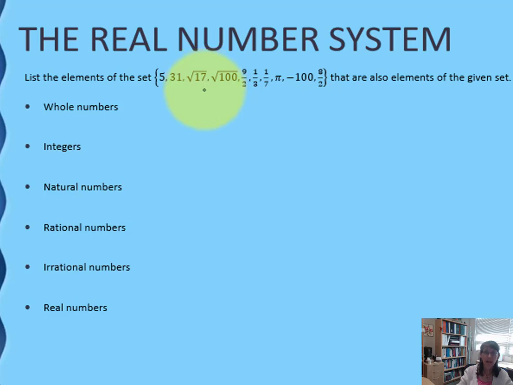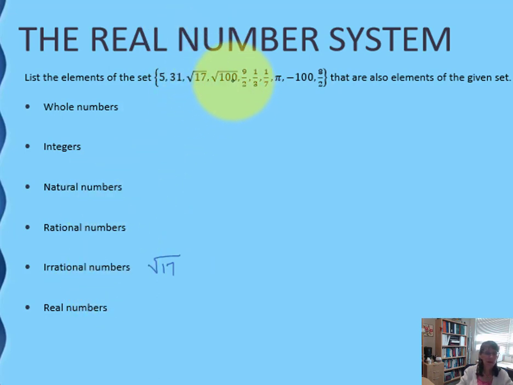You might want to try that out on your calculator, and you will find that the square root of 17 is a non-terminating, non-repeating value. So we know right away that square root of 17 would be an irrational number. So I'm going to list that right now.